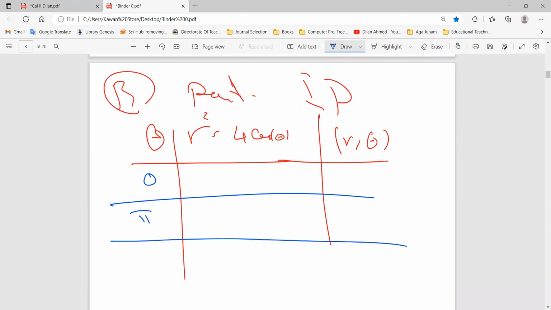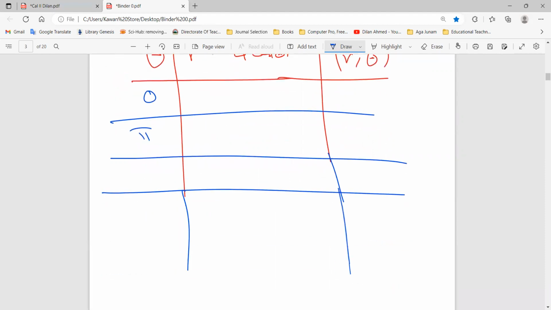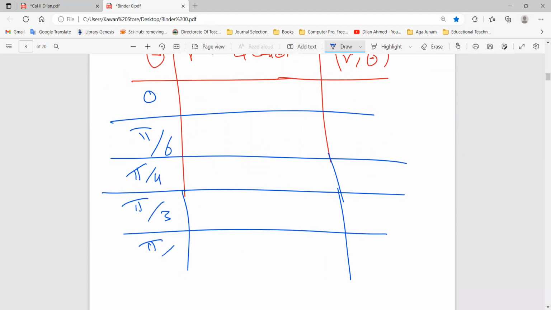Why from 0 to pi over 2? Because of symmetry about everywhere.